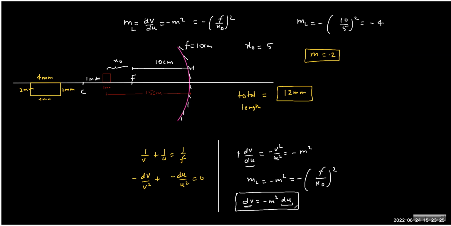This is called the longitudinal separation of object, and this is the longitudinal separation of image. So these are simple things which you can apply and remember.